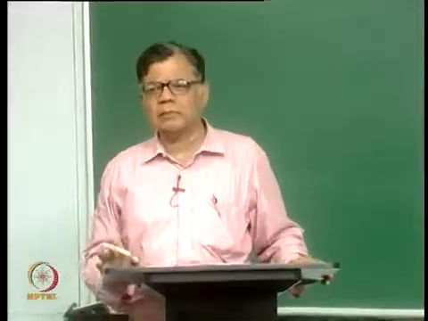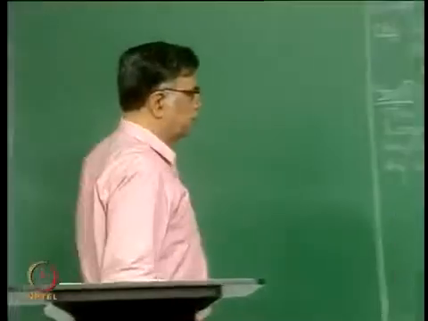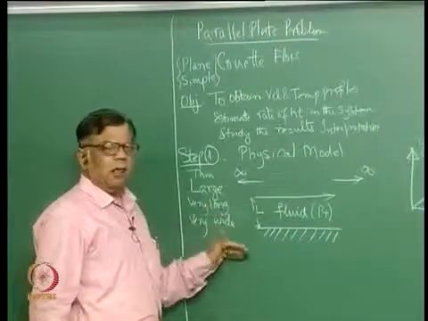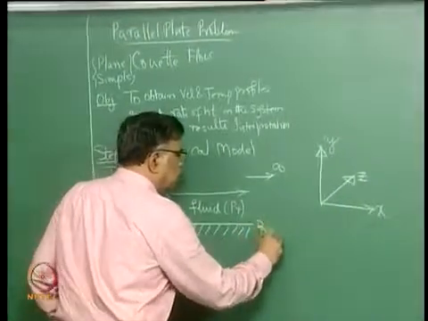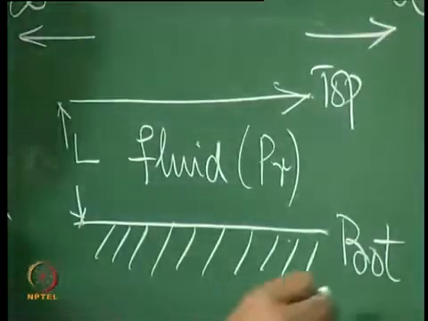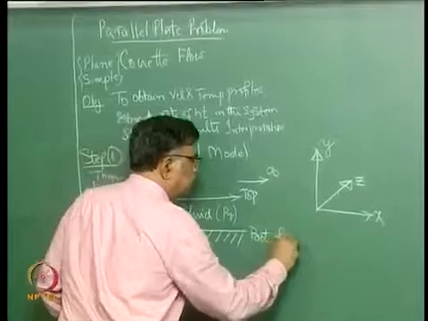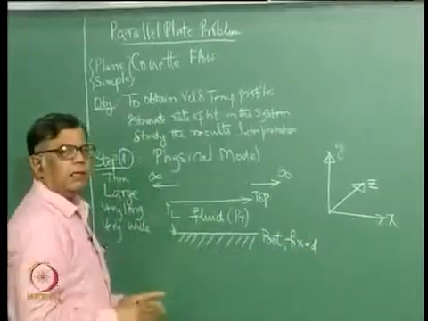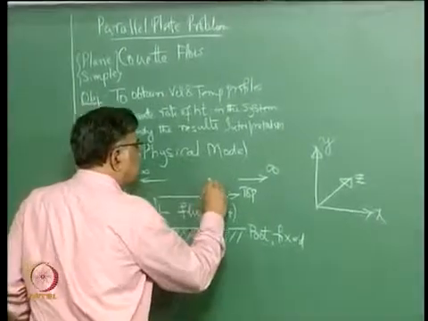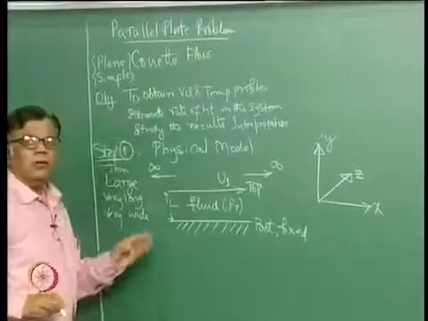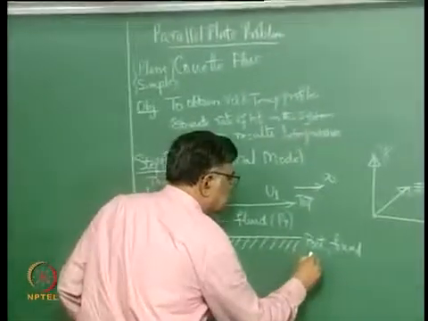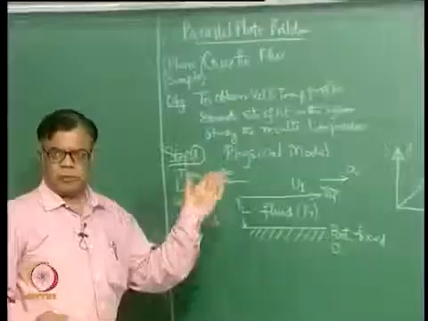In this particular case I am saying it is a flat, fixed plate. There are 2 plates parallel to each other displaced at a distance L. We call this the bottom plate, this is the top plate. The bottom plate is fixed, the top plate is moving, and then I have to prescribe something: it is moving with a velocity u1. 1 refers to the top plate, 0 refers to the bottom plate, subscripts later.